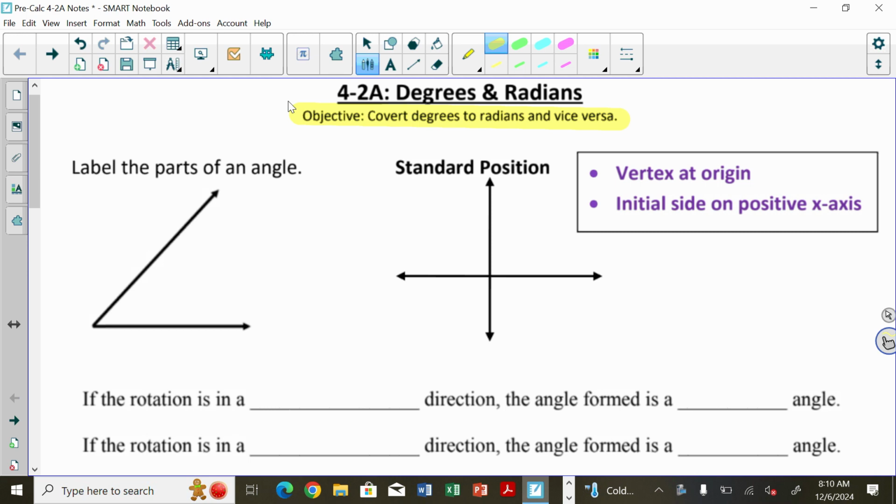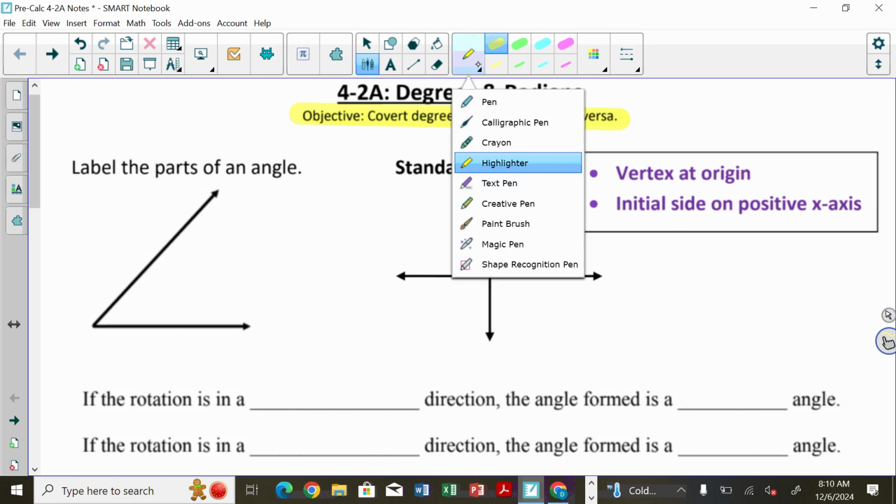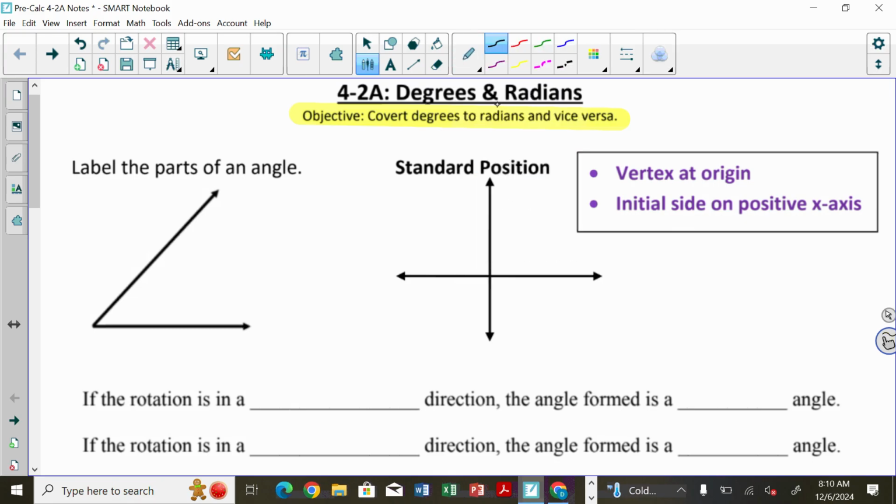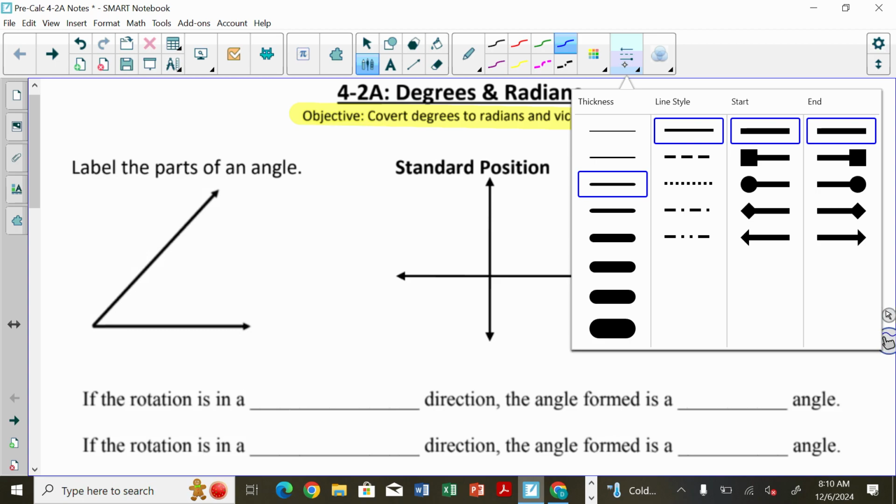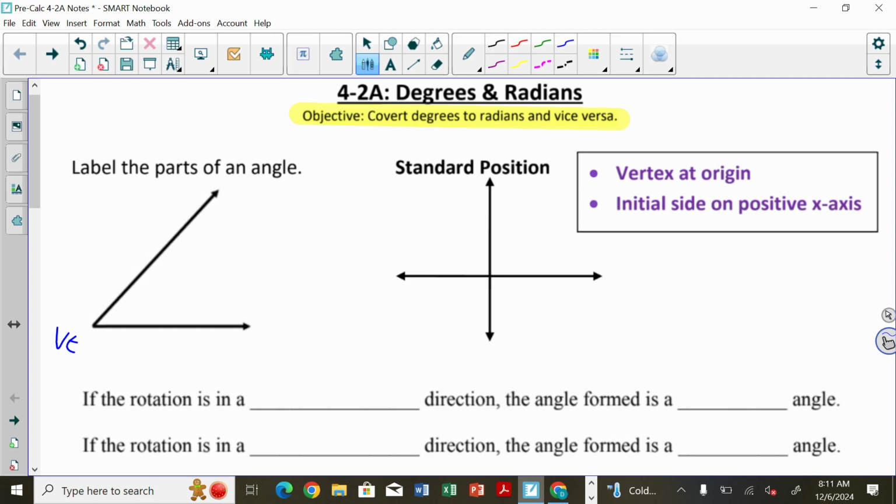But first, going over some things, understanding parts of an angle, so we understand them in a little more detail. So let's first start by labeling the parts of the angle. Right down here is the vertex. And then the two sides.